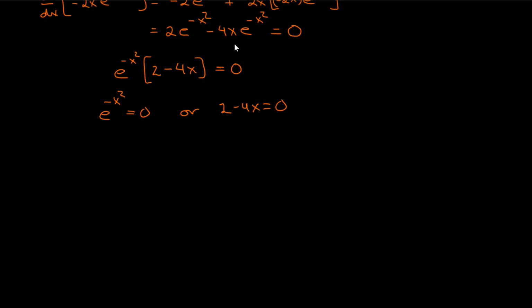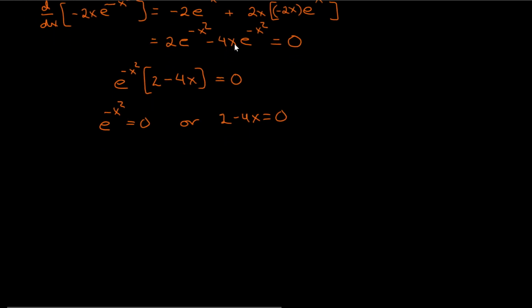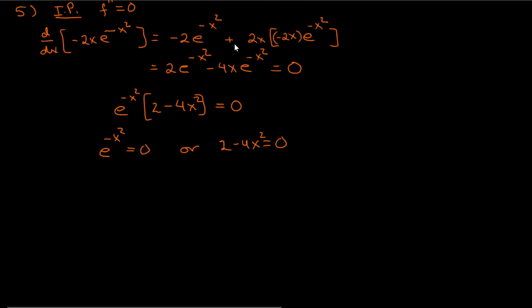When we solve the 2 minus 4x equals 0, we're going to wind up with, just checking everything, making sure it's all good here. Oh, this is going to be 2 minus 4x squared equals 0. Because see, I have a 2x here, looking up here at the top of the screen. We have a 2x times a 2x, which is going to give us a 4x squared.